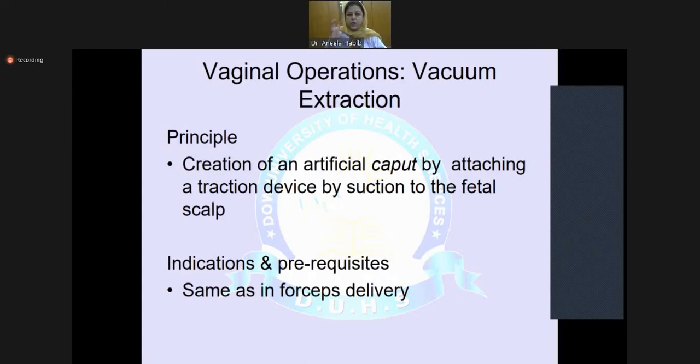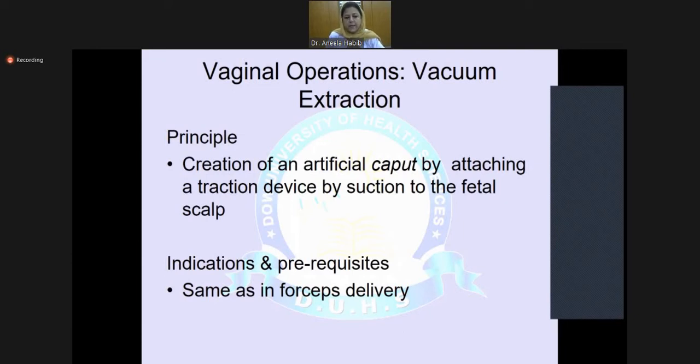But the vacuum is applied just on the head of the baby, and by the head you can pull it down, so that it can give an auto rotation, which is a natural rotation, and there is no extra occupation of the lateral vaginal walls. So that is a comparatively safer method for delivery of the baby. But that is an artificial caput, created by attaching a traction device by suction to the fetal scalp.